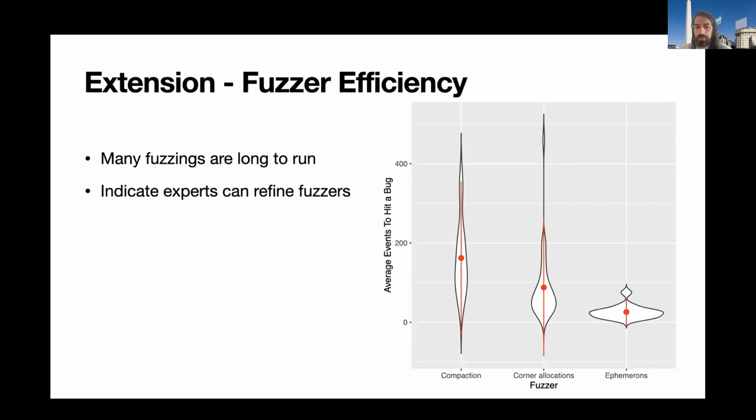And you see that this is after reduction, I think. No, this is the average events to hit a bug. I didn't put the reduction one, I'm sorry. But still, we are in the order of some hundreds of events, so it's still manageable. I forgot to put the graphic on how the reduction actually worked on this.